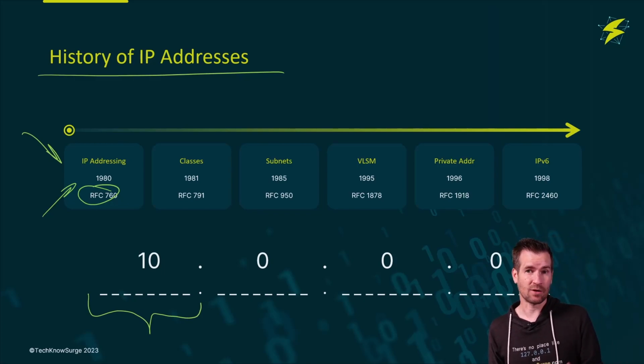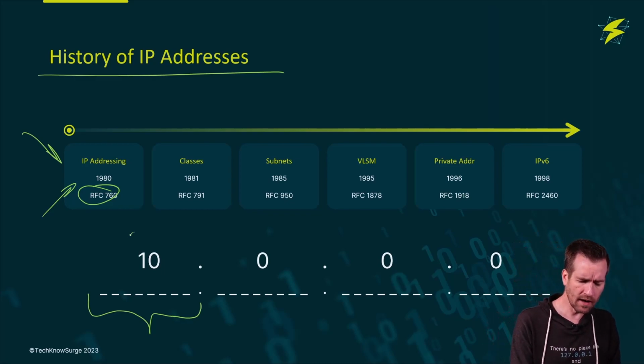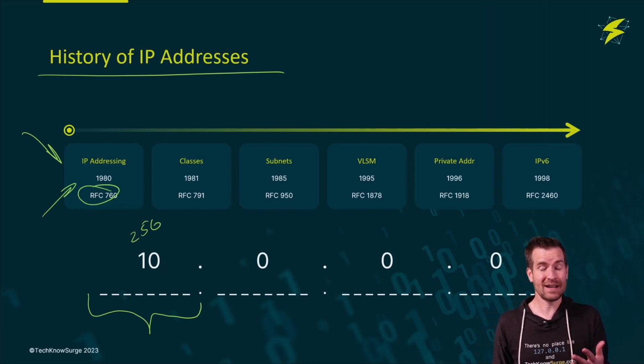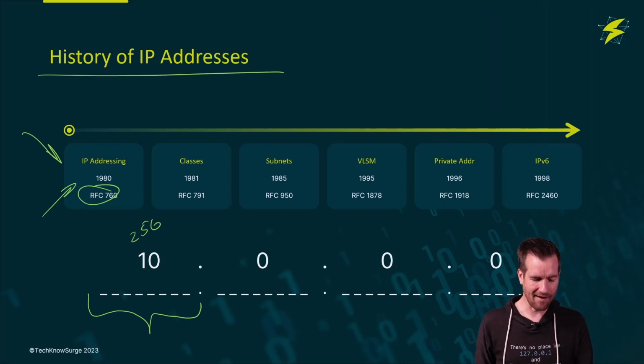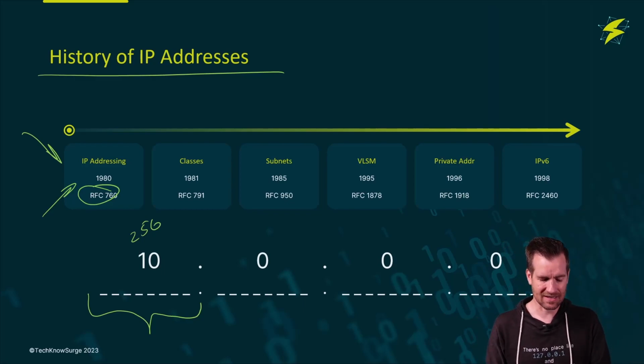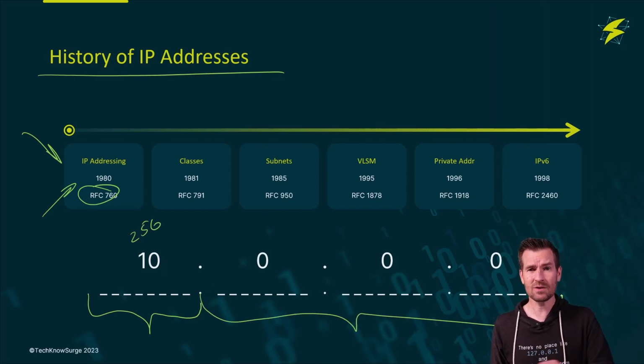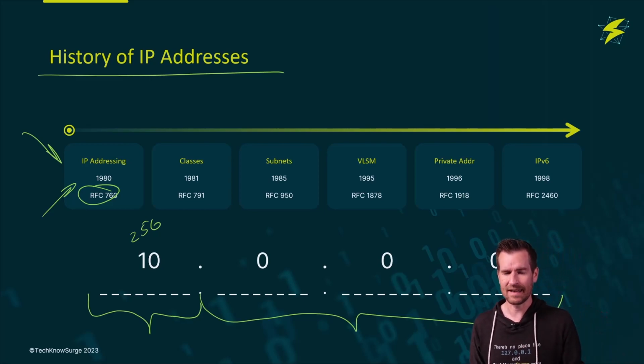That's 8 bits, so 2 to the 8th power, which gives us 256 networks, which is just crazy small because we obviously have way more need than just that. And then the rest was supposed to be the host bits, which is way too many hosts for any one network.